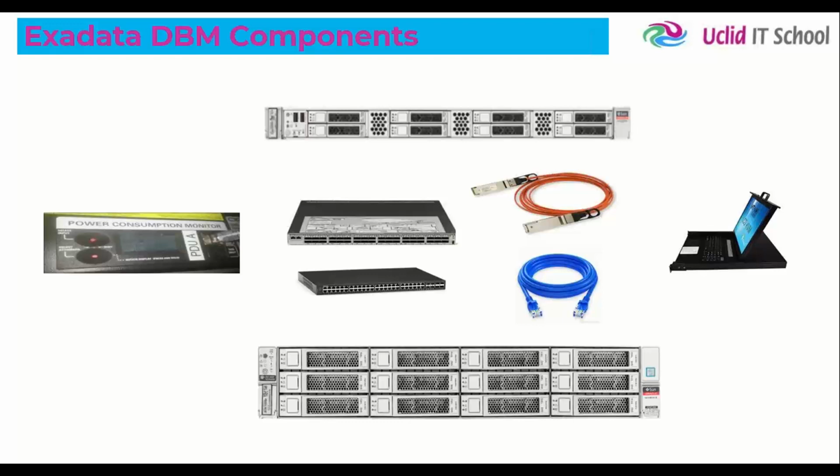Suppose you take a quarter rack system, you will have 2 database servers, 3 storage servers. If you take a half rack system, you will have 4 database servers, 7 storage servers. If you take a full rack system, you will have 8 database servers, 14 storage servers.